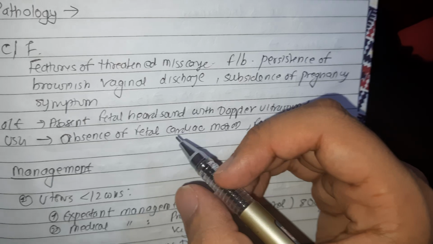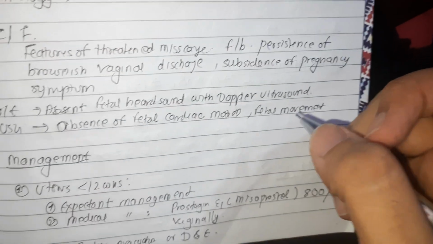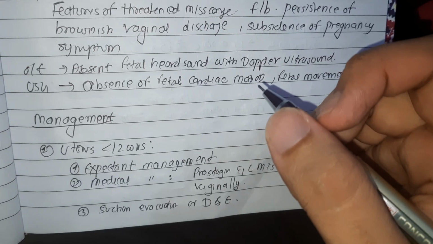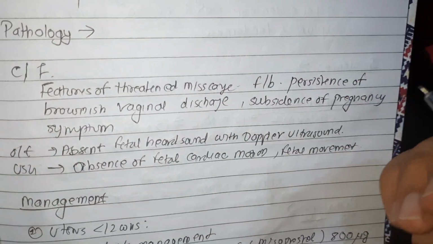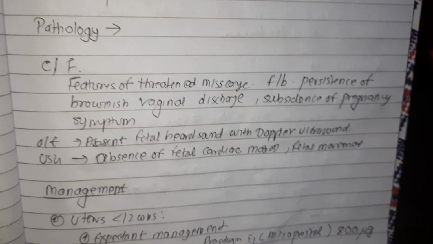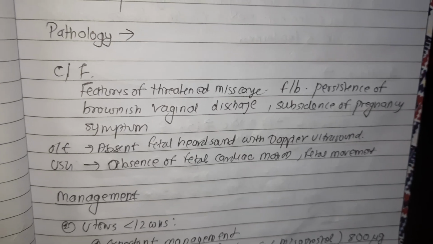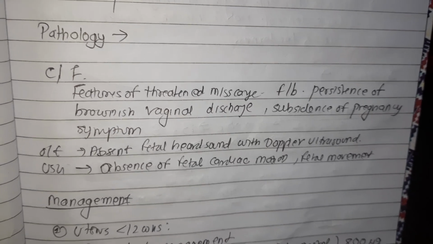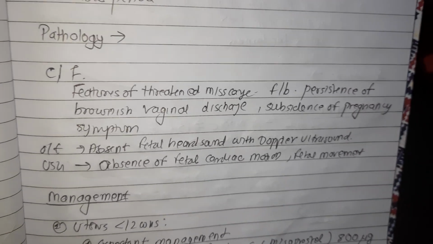Real-time ultrasonography reveals the absence of fetal cardiac motion and fetal movement. Before management, let's talk about complications. The complication of the missed miscarriage is the same as that of intrauterine fetal death, and we'll be talking about that in detail in the videos on intrauterine fetal death.